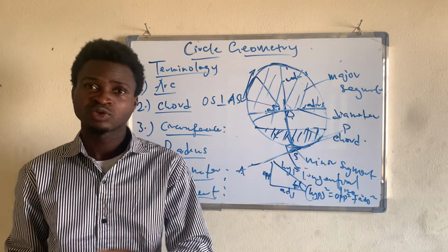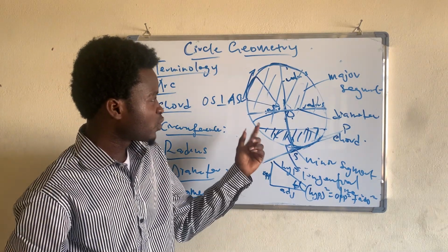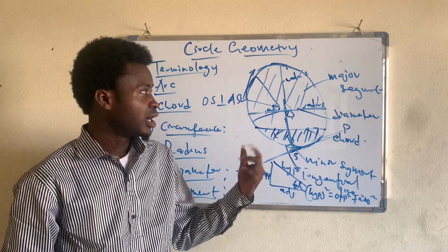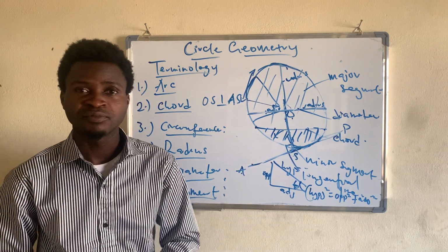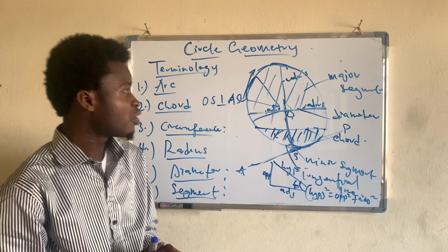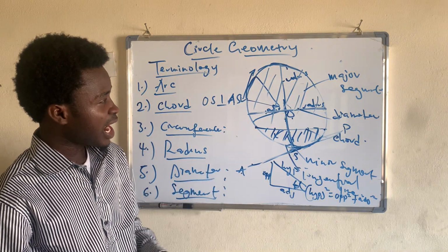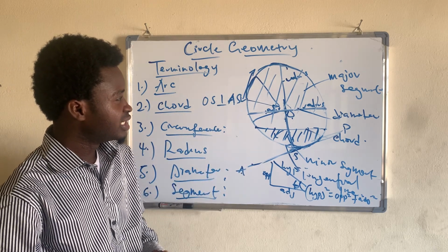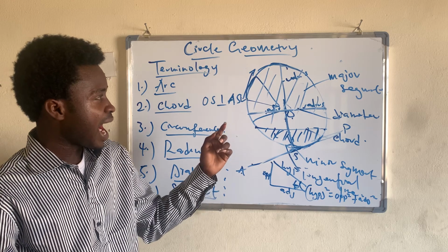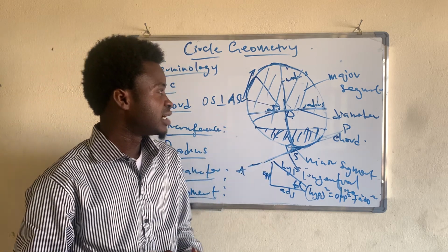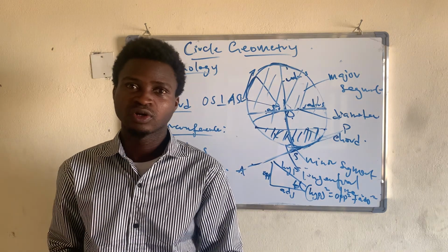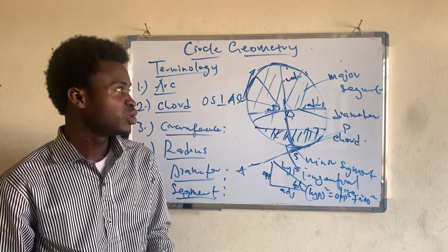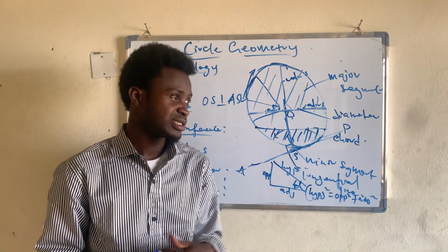Okay, the next axiom we need to talk about is that the angle in a semicircle is 90 degrees. Angle in a semicircle is 90 degrees. Likewise, the last theorem we have to talk on here is that the angle subtended by an arc of a circle is double the angle at any other point of the circle.